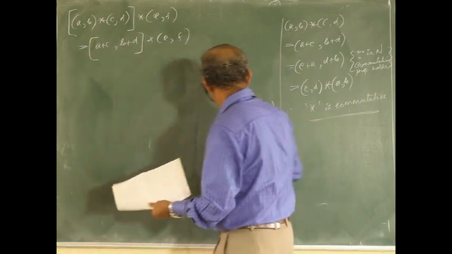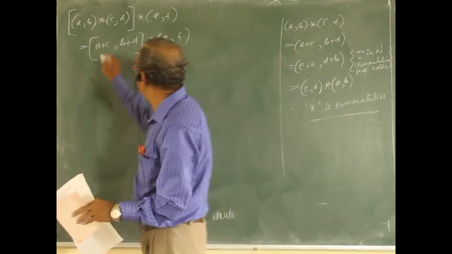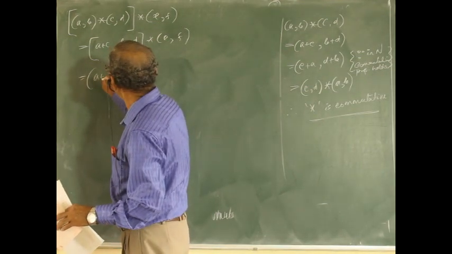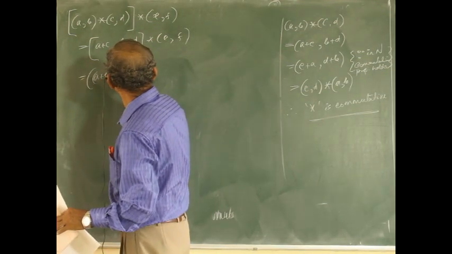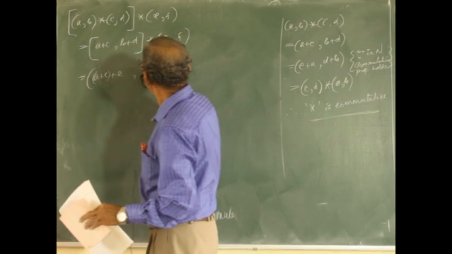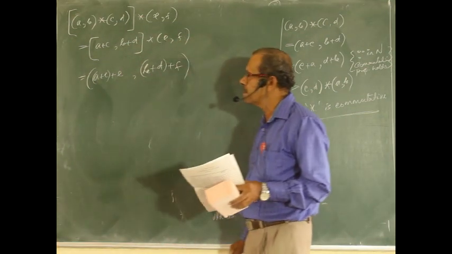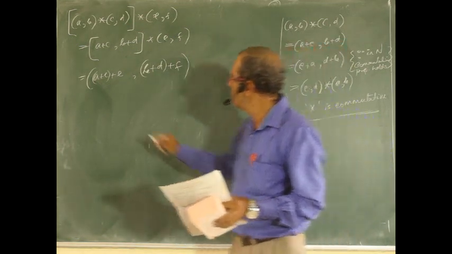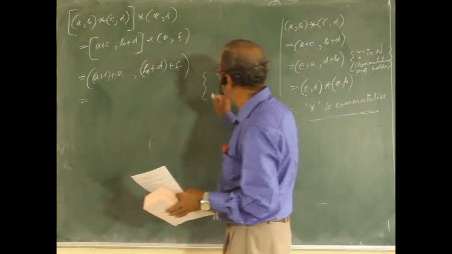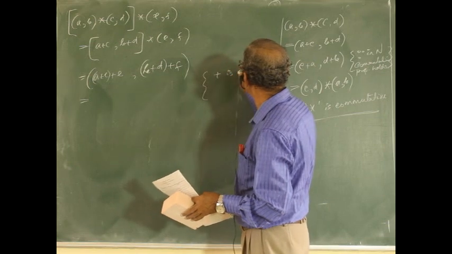Next, again ordered pair, you can add a plus c plus e, b plus d plus f, by definition. Again plus is associative.